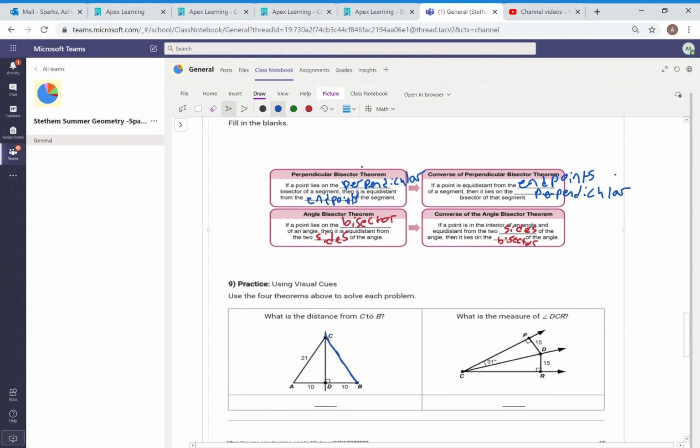When you bisect something, you cut it in half. So you can see the two equal 10s down here. Well, that also means my outside is being bisected, so the lines on the outside should be the same size. So I've got 10, 10. If this is 21 out here, this has to be 21 out here as well. So the distance from C to B is 21.